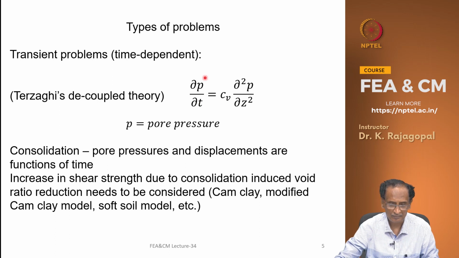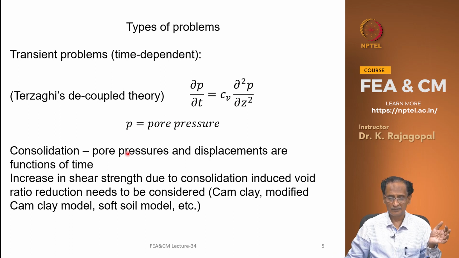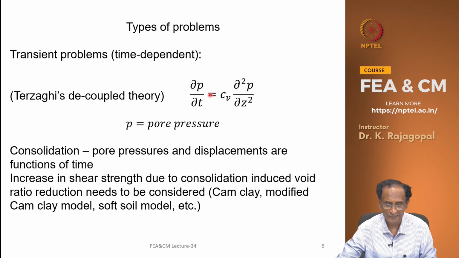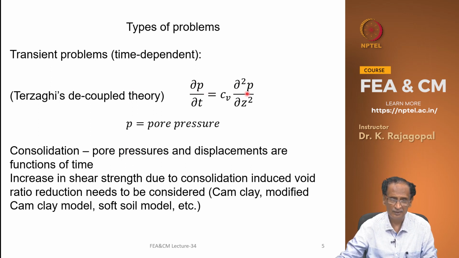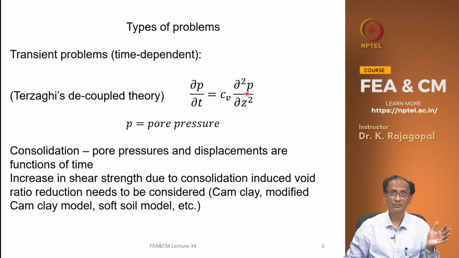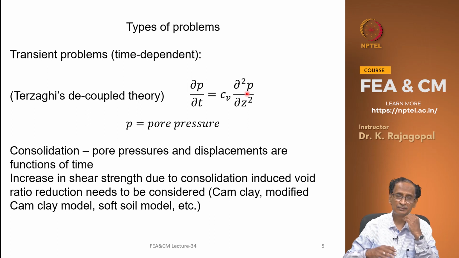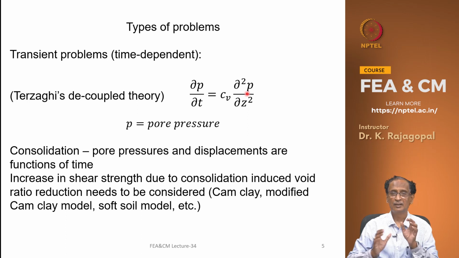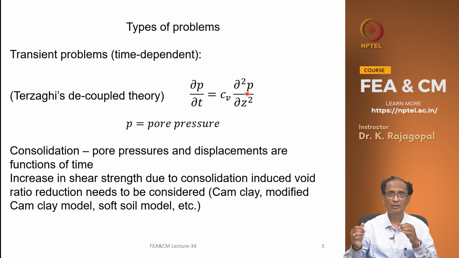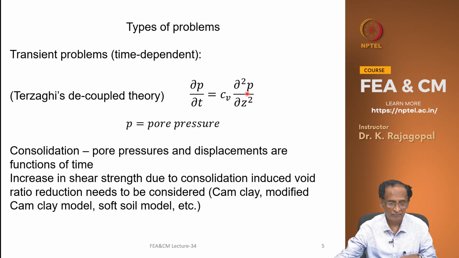In these analyses we would like to determine the pore pressure and displacement, but if we use Terzaghi's decoupled theory, there is only pore pressure as the nodal variable, there is no displacement. What we do is estimate the displacements based on the degree of consolidation at different times.